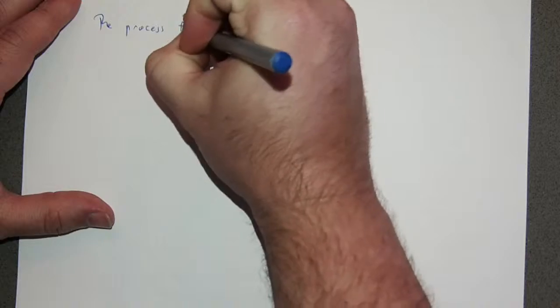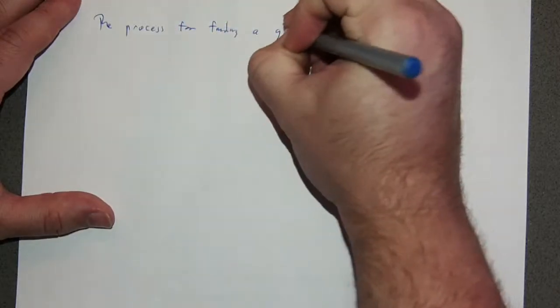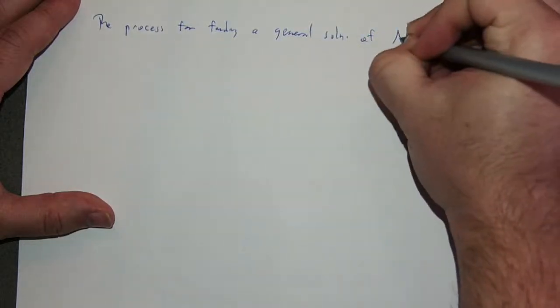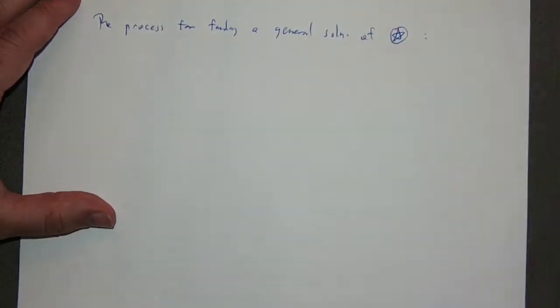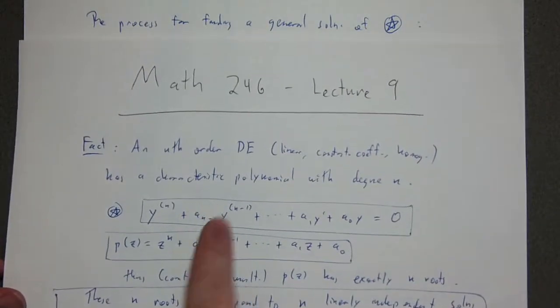All right. So let's see how that works. So the process for finding a general solution of star. What is the process? Well, let me bring back star so you can remember what it looks like.